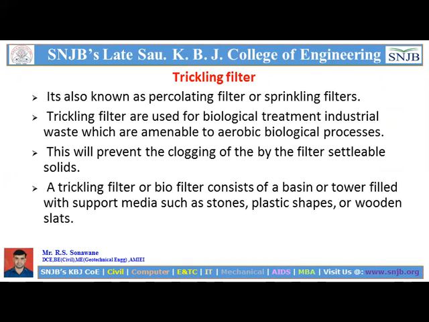A trickling filter or biofilter consists of a basin filled with support media, which are stone, plastic, or wooden slats. Mostly the trickling filter is part of the secondary treatment process and is used to prevent the clogging effect of settleable solids, as the wastewater goes through the different media made of stone, plastic, or wooden slats also.